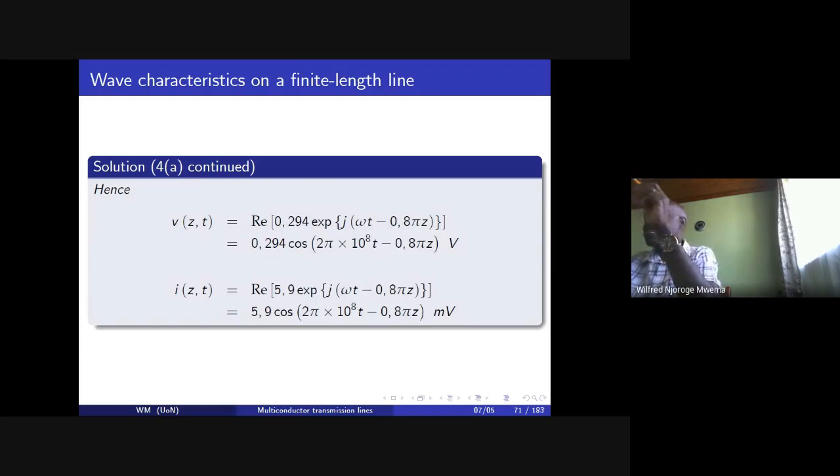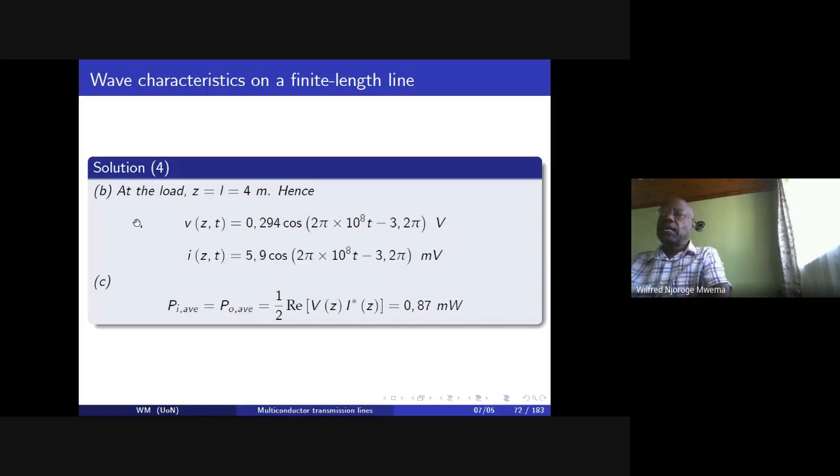So really, you can have it as a sine or a cosine, but it's usually much better to use only what we call the cosine reference function. And therefore, the instantaneous variation of the voltage, that is V(z,t), is given as shown there, and the current is also given as shown there.